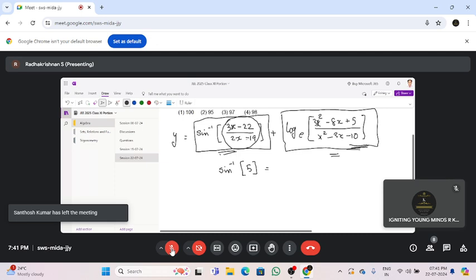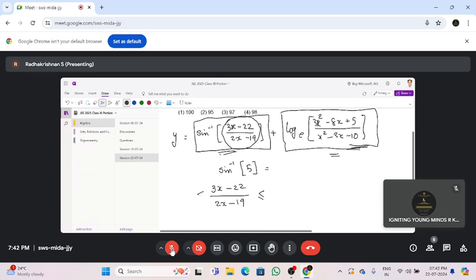So it's not valid. So for this to be valid, 3x minus 22 divided by 2x minus 19 should be between -1 and 1. Correct?